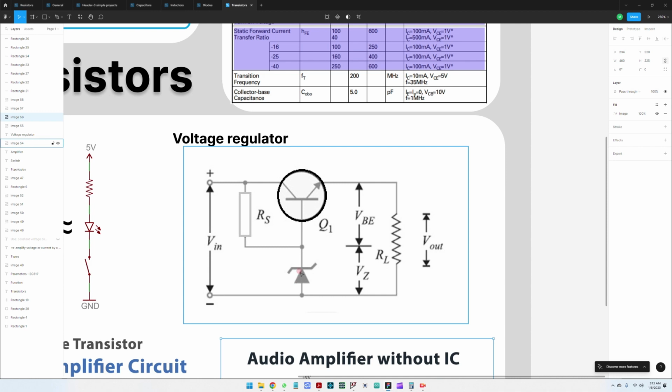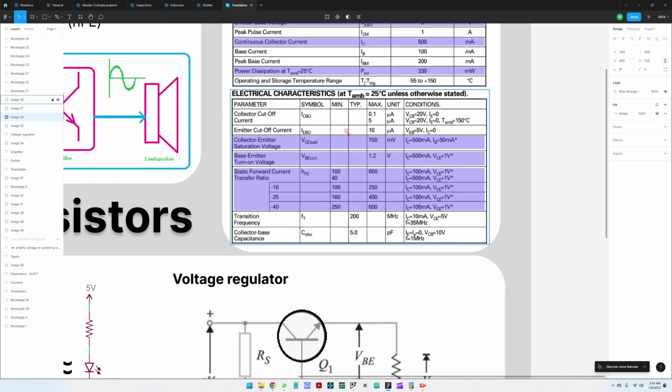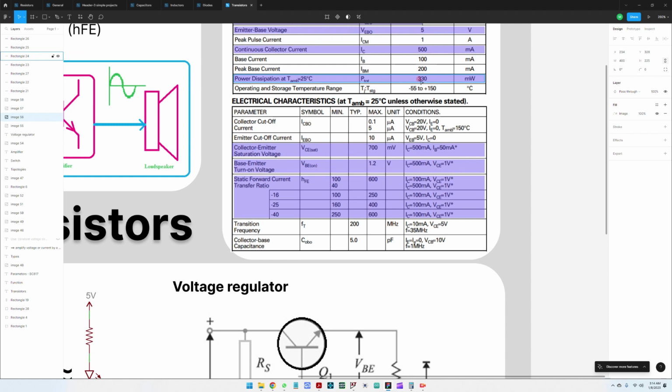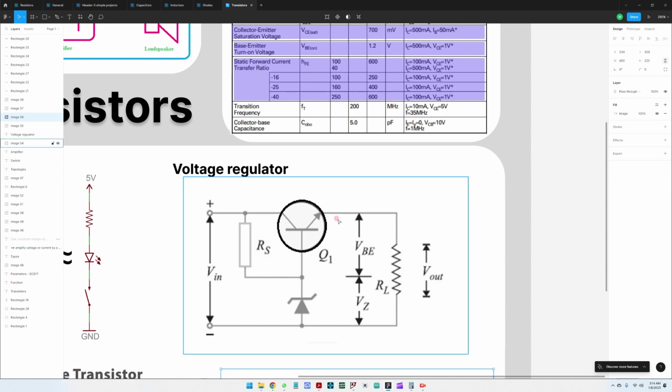And it's that easy. One thing you have to take into consideration is the power dissipation for this transistor, because as we've discussed here, the transistor has about 330 milliwatt power. So the voltage drop between the collector and emitter times the current going through the transistor should be smaller than this.